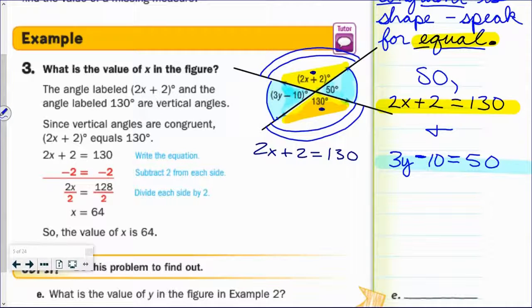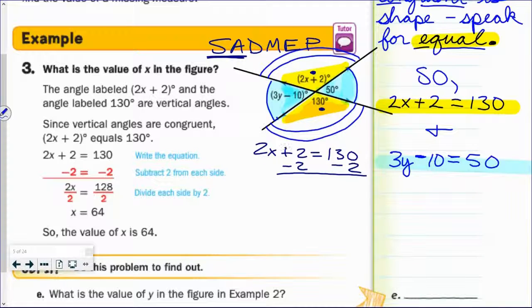Now we have a two-step equation that we just need to solve. How do we get x by itself? Well, if you think back to November and December, you know we need to subtract 2 from both sides first. We're going to use SAD-MeP, the reverse order of operations, to solve. So we're going to do addition and subtraction first.